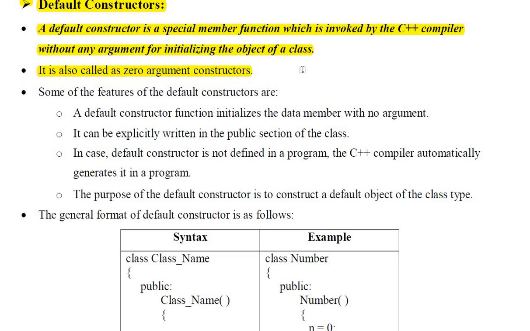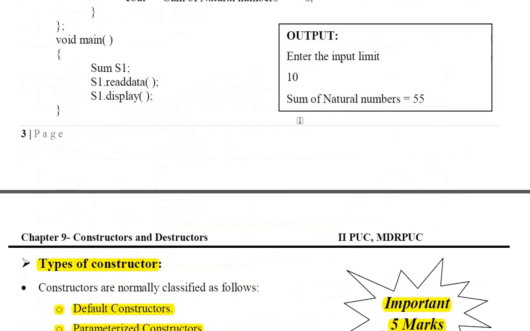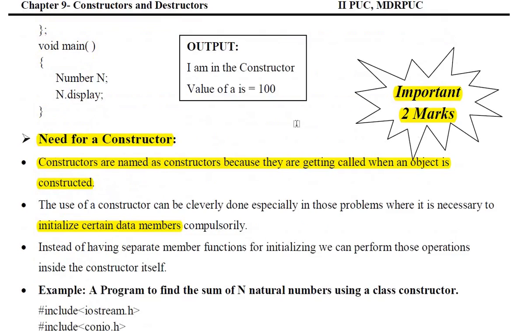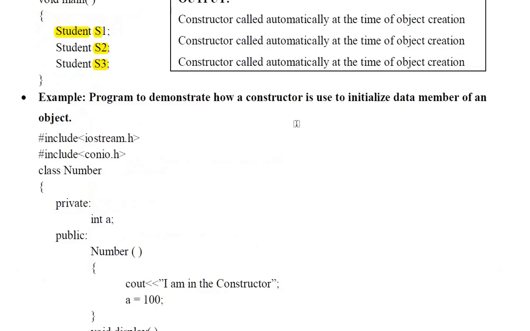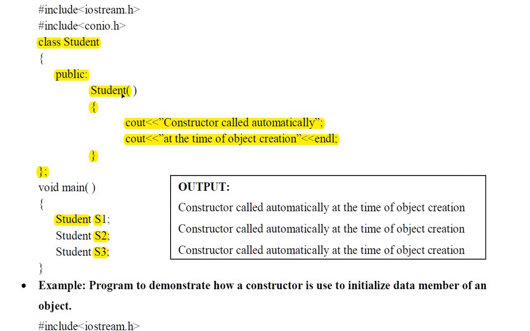Default constructor means a constructor without any argument or parameter, or a special member function without any parameter or argument. So here in the above example, this student constructor is a default constructor.